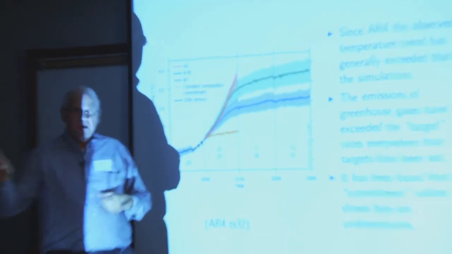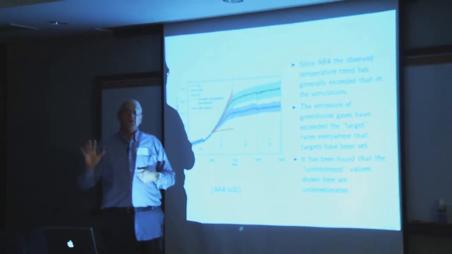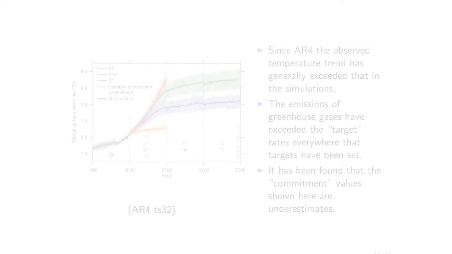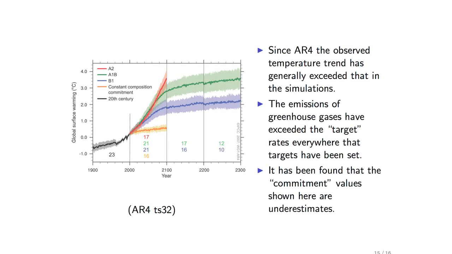I've got three pretty pointed remarks. This is in part my opinion. The observed temperature trend has generally exceeded the simulation results. That is, the simulated results are not extreme. Scientists have been conservative in promulgating those results. The emissions of greenhouse gases, where we have tried to control the emissions, we've not succeeded.